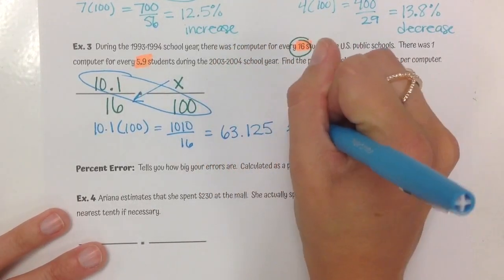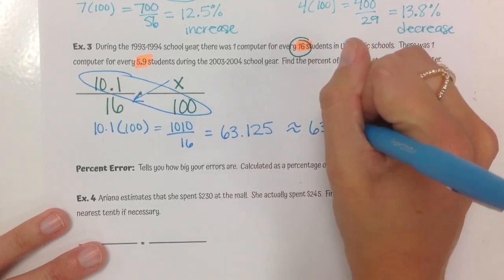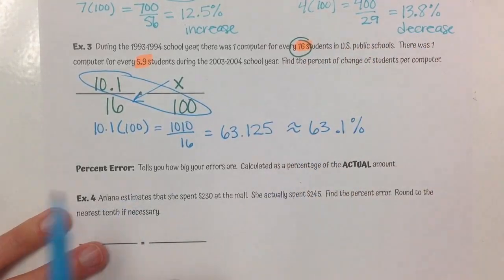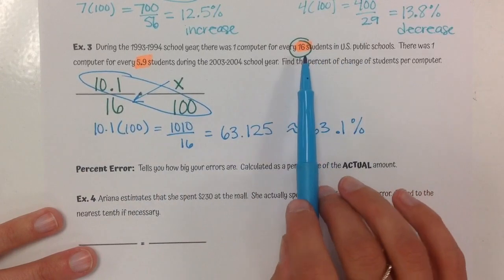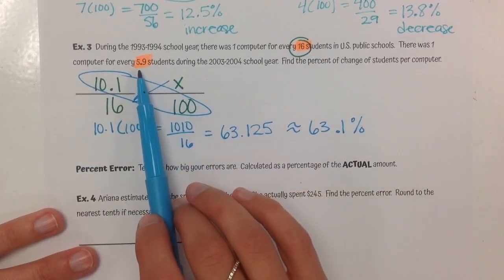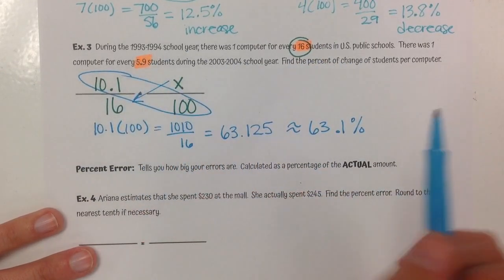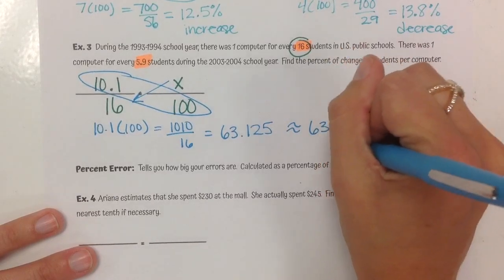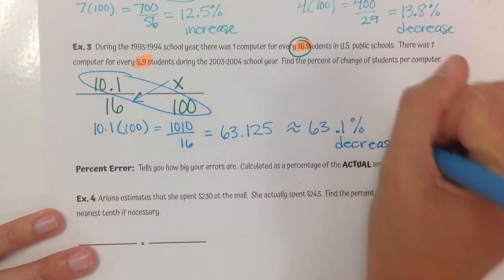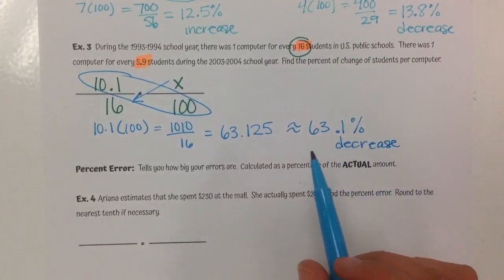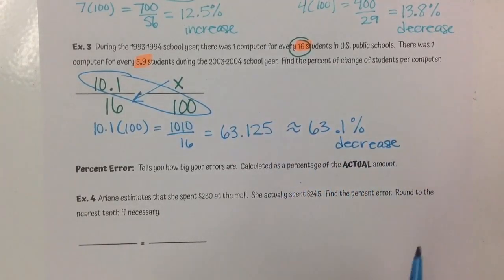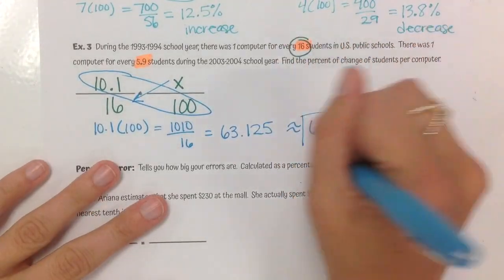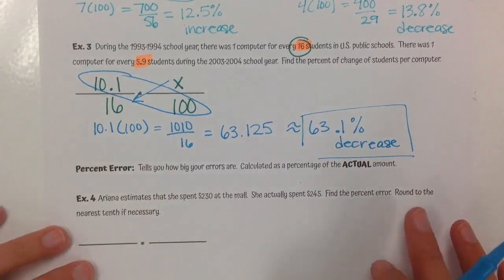I'm going to round that to about 63.1%. And our original was 16. Our new value was 5.9, so that's less than. It was a decrease. So it's not that the computers decrease, it's that the ratio of computers to students decreased. So that's a good thing, more computers for the students.